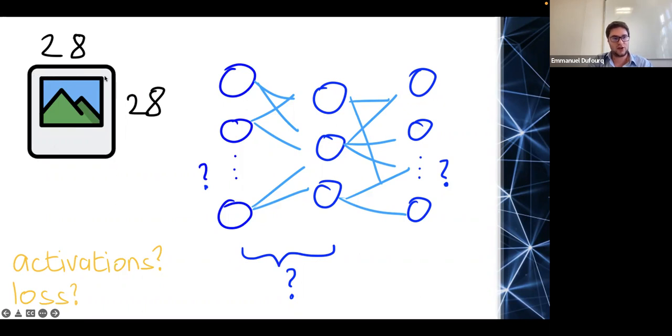We take the first row, we take the second row and stack it to the right, then the next row, and so on, and we create a really long vector which has 784 elements, because there's 28 times 28. So we could re-represent a 28 by 28 image as one long vector with 784 data points.